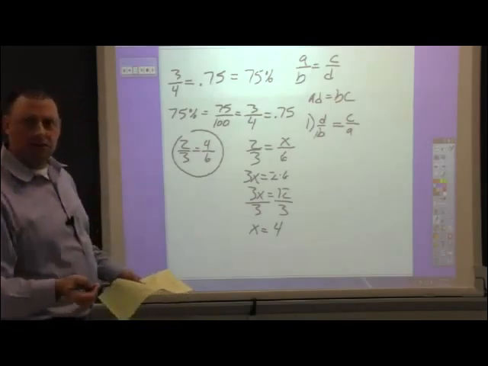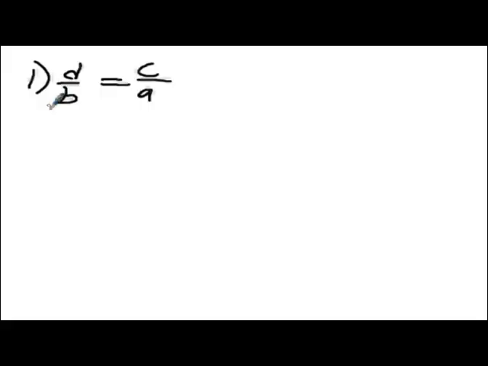Well, what if you had this situation? 5 over 1 equals 10 over x. Well, if you know that you're allowed to switch diagonally, and I'm going to illustrate the switch like we did here, switch the 5 and the x.